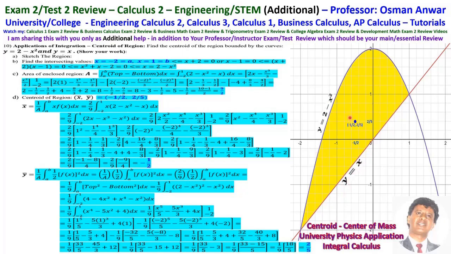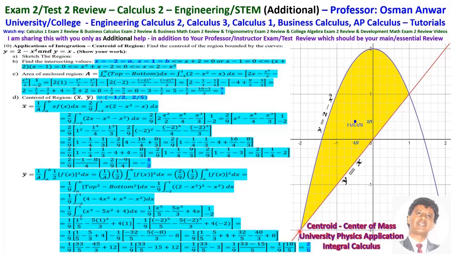And we're going to find the center of mass, which is called the centroid, of the shaded region. First, we need to find the intersecting points of these two curves. So the intersecting points are when these two curves are equal. These are the intersecting points, this point and this point.